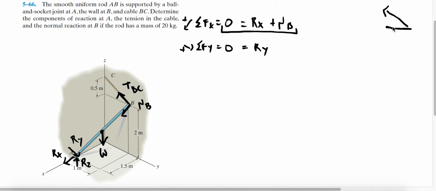So we're worried about the y component, which I'm drawing in 2D here for you to see it a little bit easier. So imagine me looking at the YZ plane, looking perpendicular to it. I'm going to have a y component going to the left, and to obtain that would be negative TBC times the cosine of this angle theta.